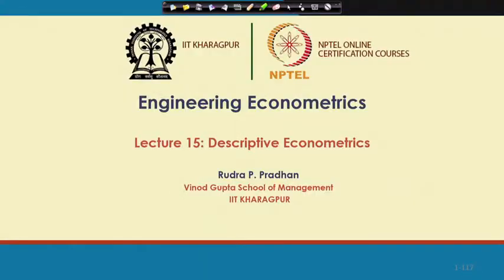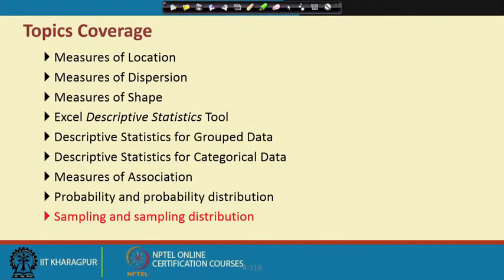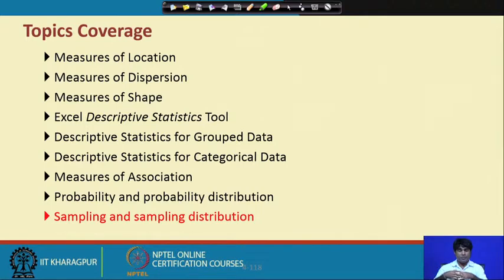Welcome to Engineering Econometrics. Today we will continue with Descriptive Econometrics, and that too the coverage on sampling and sampling distributions. In fact, in this unit we have already covered a couple of things, starting with measures of location, measures of dispersion, measures of shape, and we have also connected to the Excel spreadsheet by using the data analysis package.